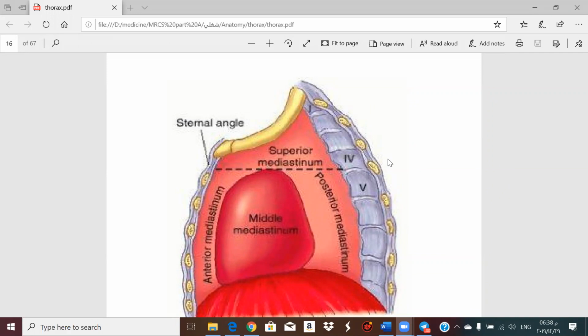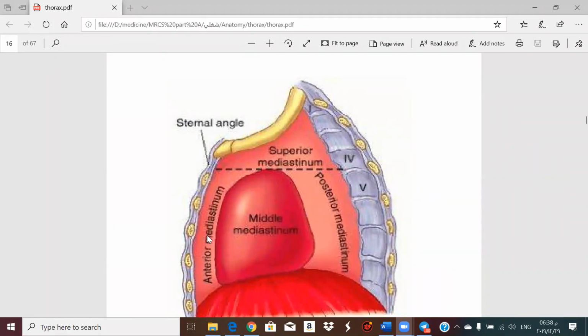The last one: who can say the anterior mediastinum with me? No one? Anterior mediastinum. Say it, Dr. Muhammad. Anteriorly, the body of the sternum.